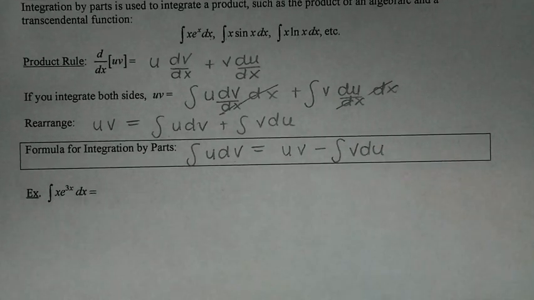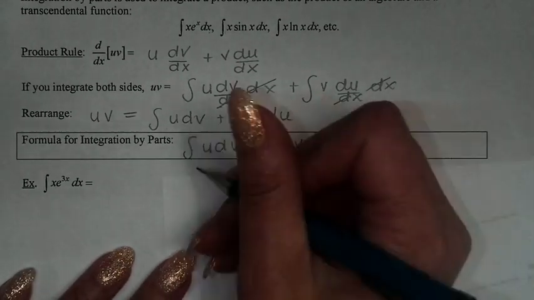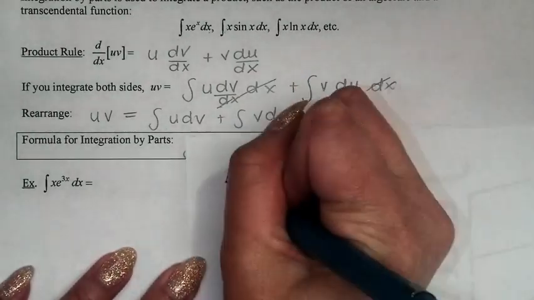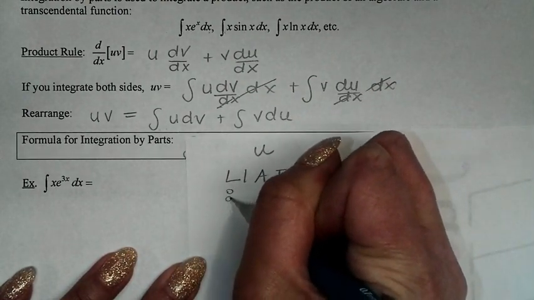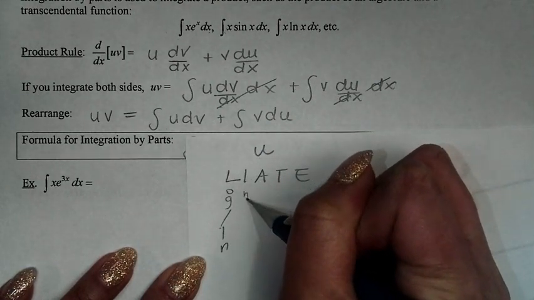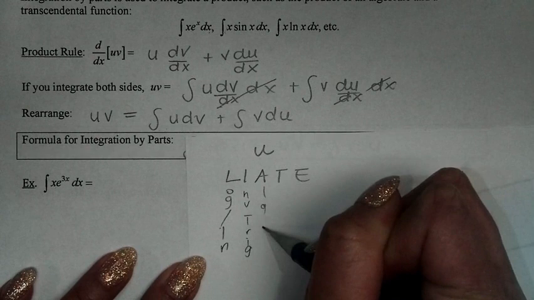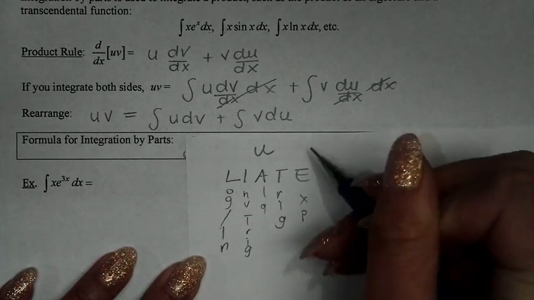Okay, so here's the priority list that we're going to use. Your u is the one that you need to decide. The L is going to be log or natural log functions. I is going to be inverse trig. A is algebraic functions, aka polynomials, then trig, and the last one is exponentials.